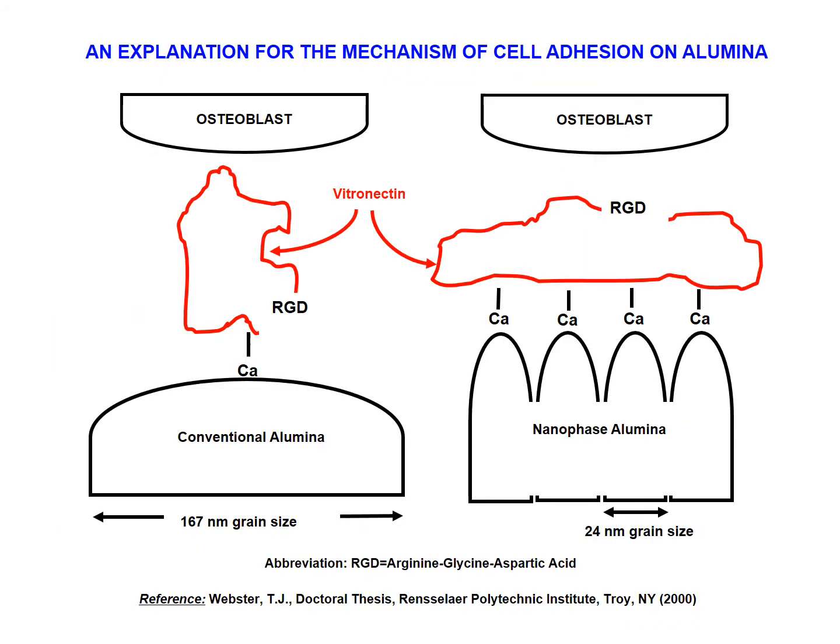An explanation regarding the underlying mechanism of osteoblast adhesion on nanostructure versus the conventional alumina is shown in this cartoon, which was put together by Tom Webster as part of his doctoral thesis. In this cartoon, you see on the upper row an indication of osteoblasts. On the bottom row, we have the conventional alumina on the left, the nanophase alumina on the right.